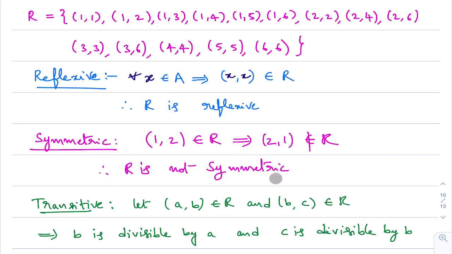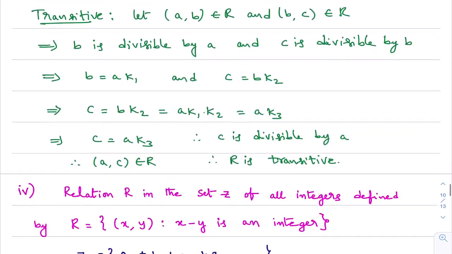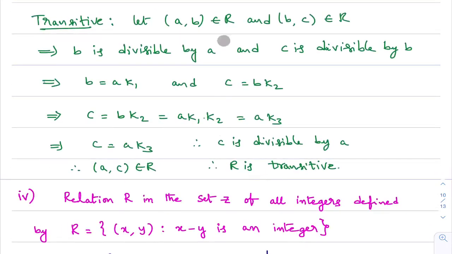Now, transitive relation. Actually, checking the transitive property takes so much time in the regular method. I'll explain this in the theory method so that you understand the transitive property. What is the transitive property? First, you take (a,b), (b,c) in the given relation.